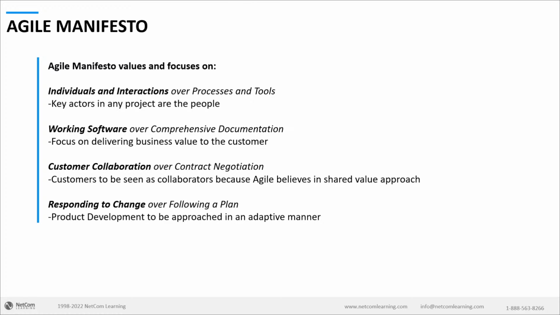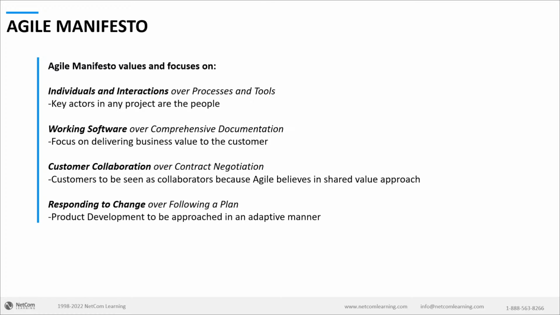Next, customer collaboration over contract negotiation. Again, are we saying contract negotiation is not important? No, it is very much important. But more than that, we need customer collaboration. And again, don't assume that collaboration essentially means sending reports.